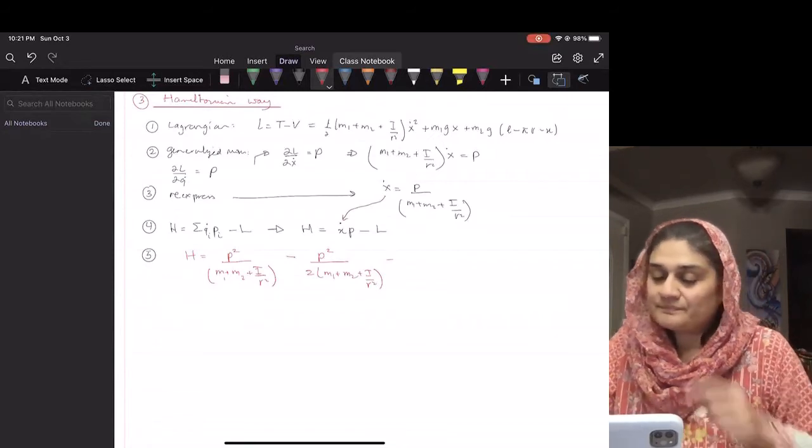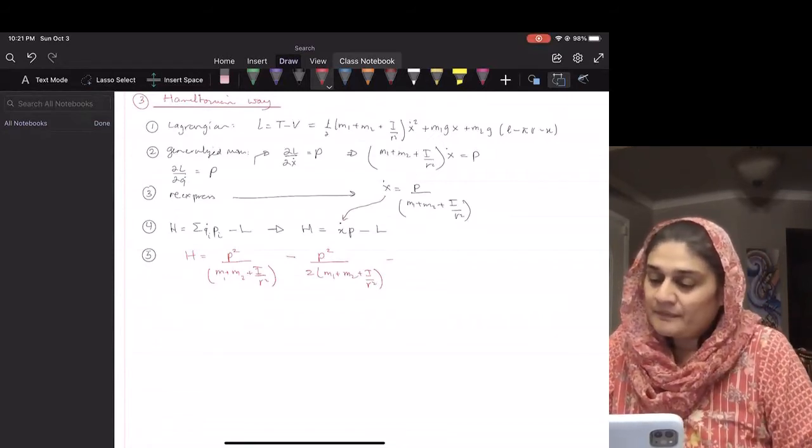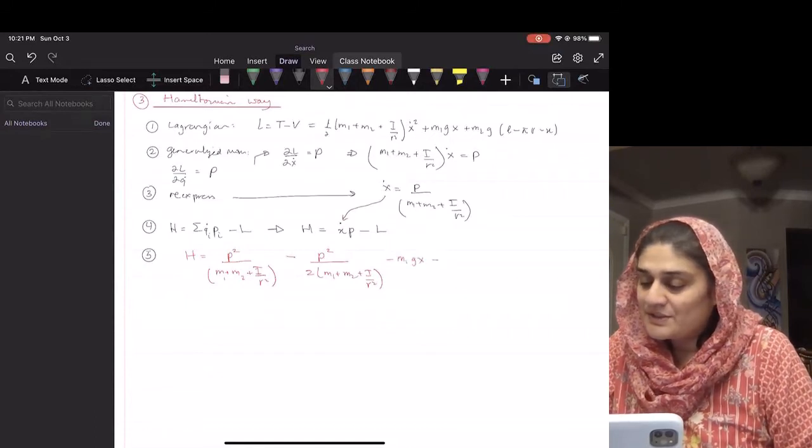minus M1 g X minus M2 g (L minus pi R minus X).